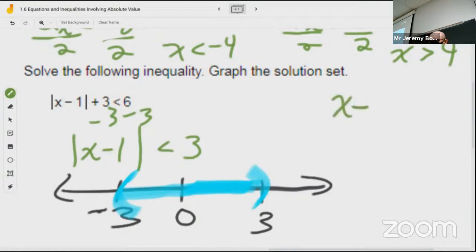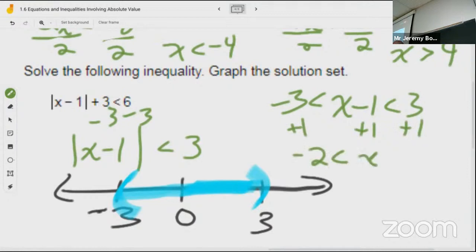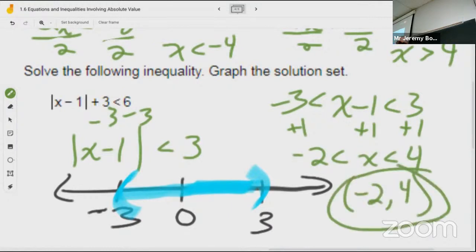We have x minus 1 is less than 3, but it's greater than negative 3. It's got that upper and lower bound. And we just add 1 to all the parts. And so we'll get negative 2 less than x, which is less than 4. And so our interval notation is negative 2 to 4. Any questions on that one?